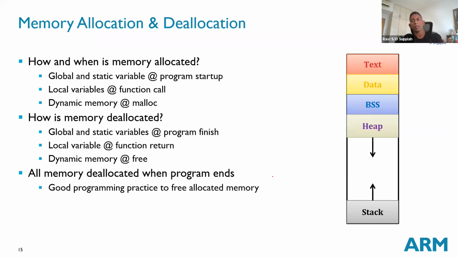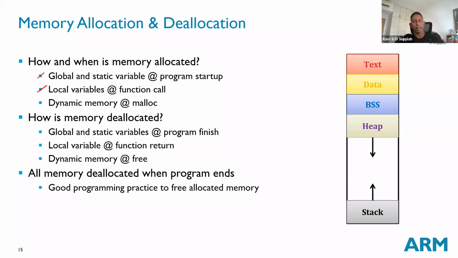Memory allocation and deallocation happen at different locations or times. Anything that is known upfront at program startup, you can already allocate. For example, global and static variables are allocated the moment you start up. Local variables inside a function are on the stack, so only when you call a function do you allocate the memory for it.